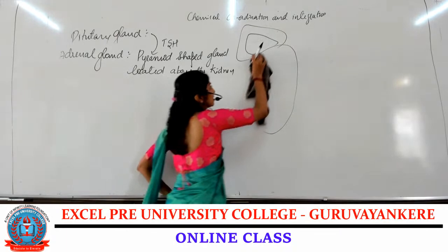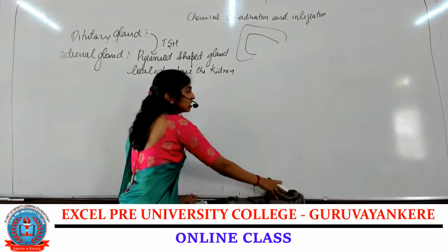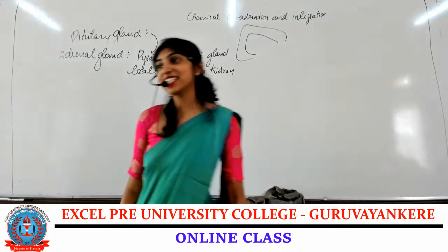Above the kidney, there is a pyramid-shaped gland located. It is called as adrenal gland.